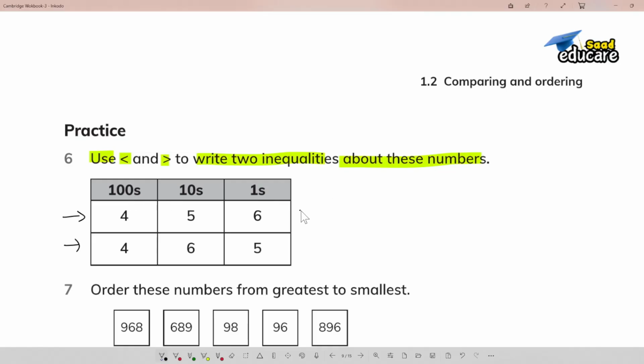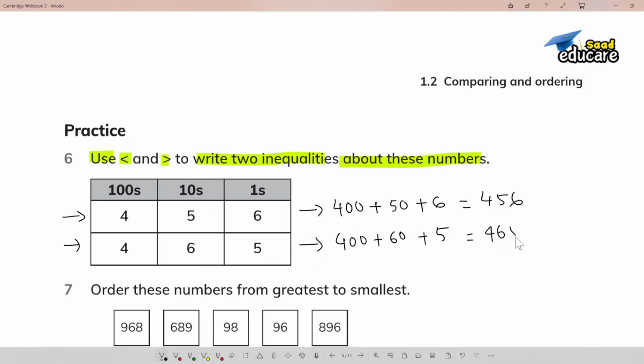It means we can say this is 400 plus tens is 5, it means 50, plus 1 is 6. So this one is 456, and then 400 and 6 tens, it means 60, plus 1s is 5, so it will be 465.